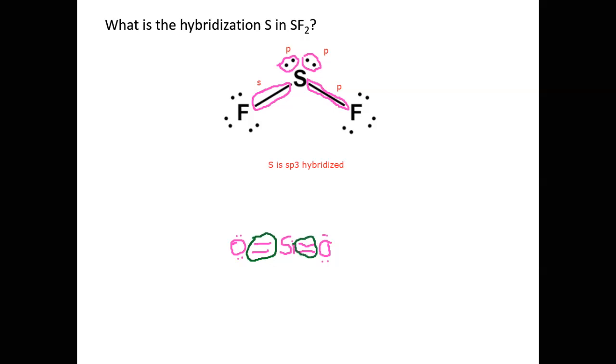Again, double and triple bonds count as one electron pair. So here silicon is sp hybridized. And again, the shortcut, you could go S, P. And so again, double and triple bonds around the central atom count as one electron pair.